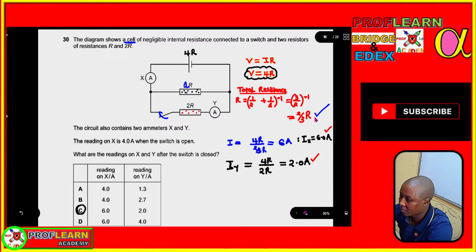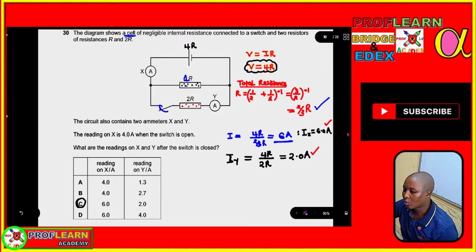To find the current, we use voltage over resistance, which is 4R over 2R over 3. If you work it out, the current flowing when the switch is closed is 6 amperes. So X will have 6 amperes.